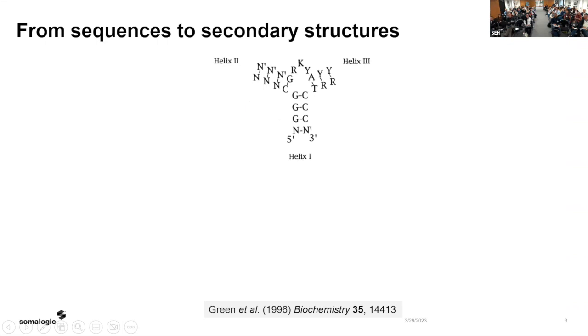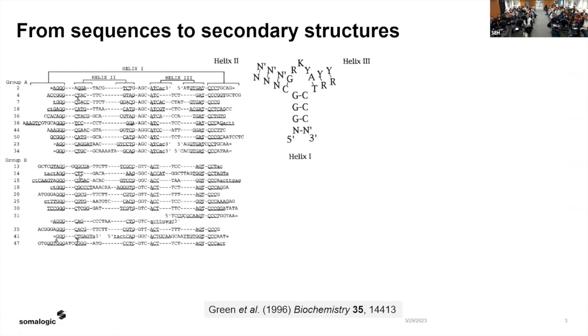And getting to that required alignment of a type that puts in gaps and identifies, when you do it correctly, sequences that are conserved. So let me just point your attention to helix 3, which is shown right here in the middle.